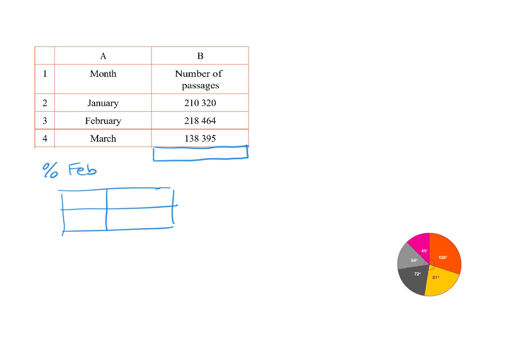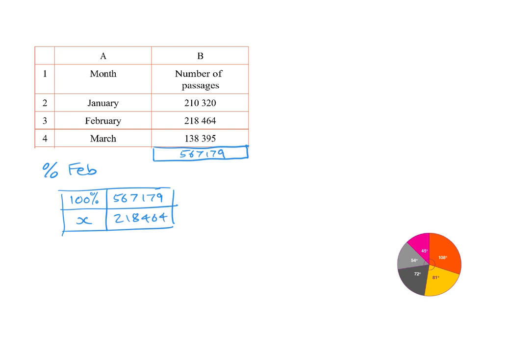If I add those 3 numbers up, I get something like 567,179. And that represents 100% of all the journeys across those 3 months. So 100% is 567,179. I'm trying to work out the percentage, so I'm going to put X for February, which is 218,464.